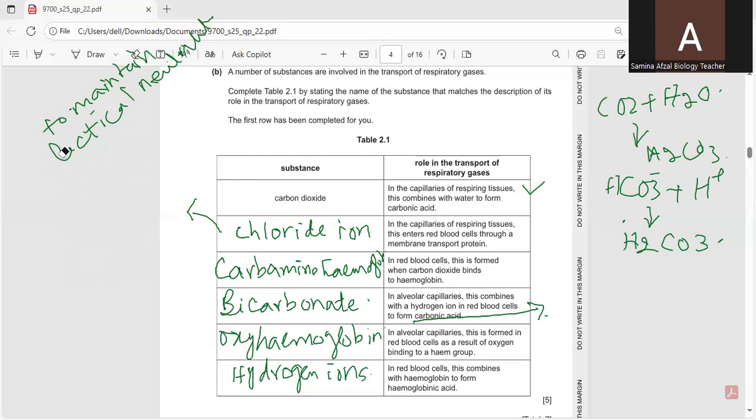When it combines with hemoglobin, it is changed into haemoglobinic acid. So it was all about question number 2.